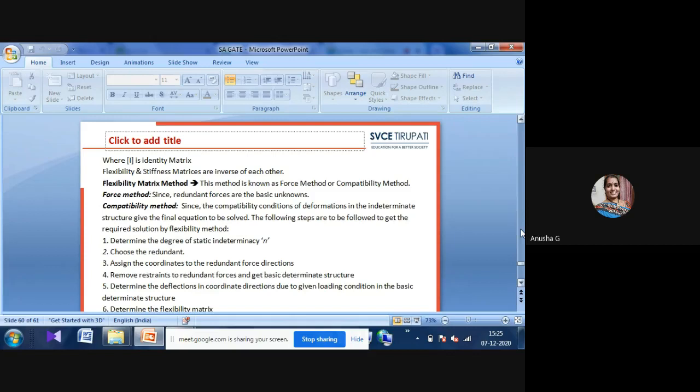We determine the degree of static determinacy or static indeterminacy, then choose the redundant, assign the coordinates to the redundant force directions, determine the deflections in the coordinates due to the given loading, and then determine the flexibility matrix.